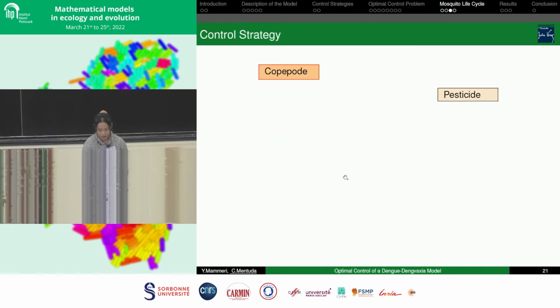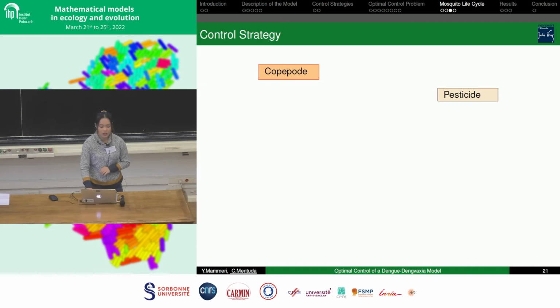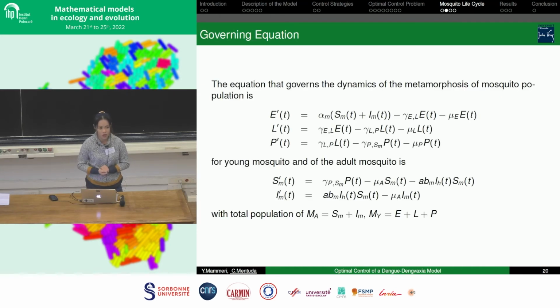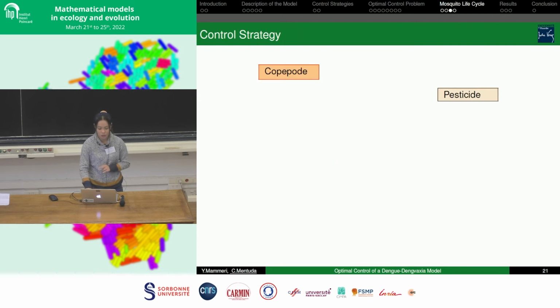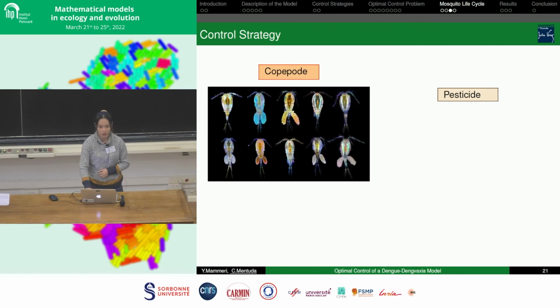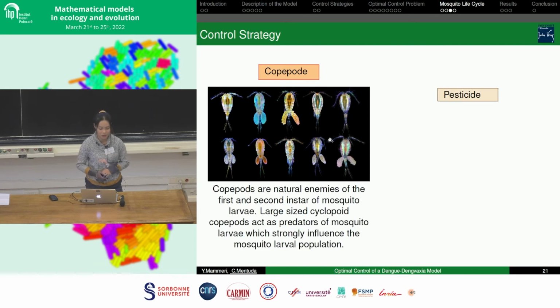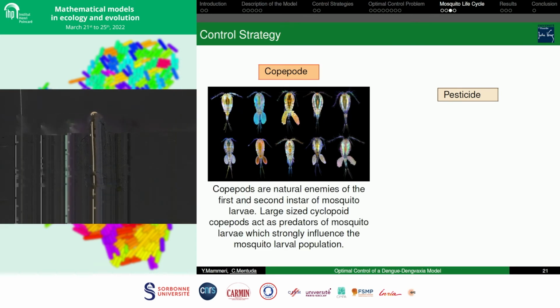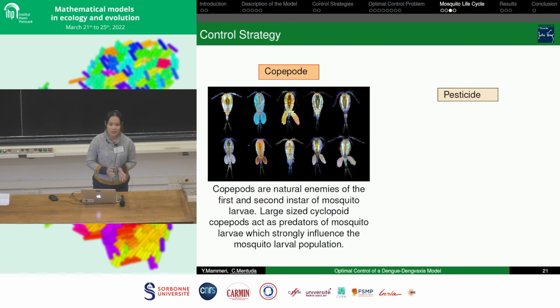Okay. So in this equation, we apply 2 control strategies, which are copepods for the young mosquitoes and pesticides, just like the previous, for the adult mosquitoes. So what is copepod? Maybe you already know, but it looks like this. It's a very small crustacean, and it is a natural enemy of the first and second N-star.